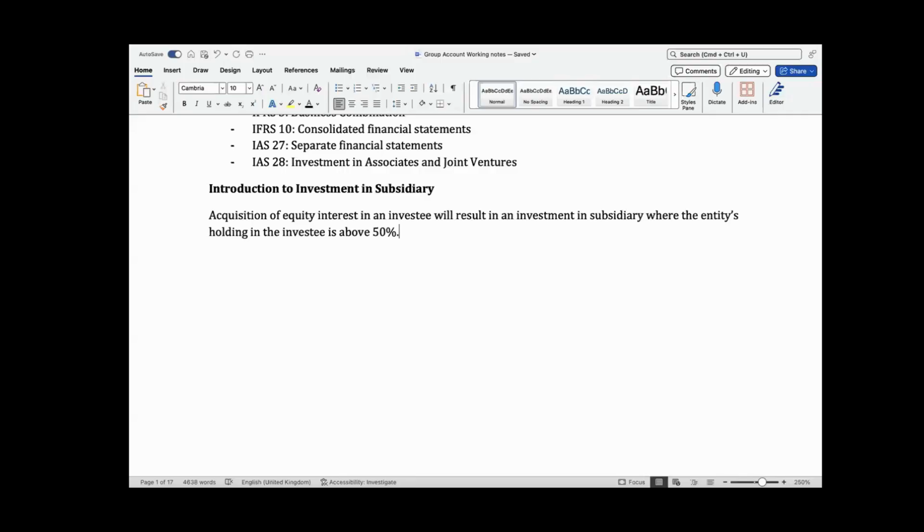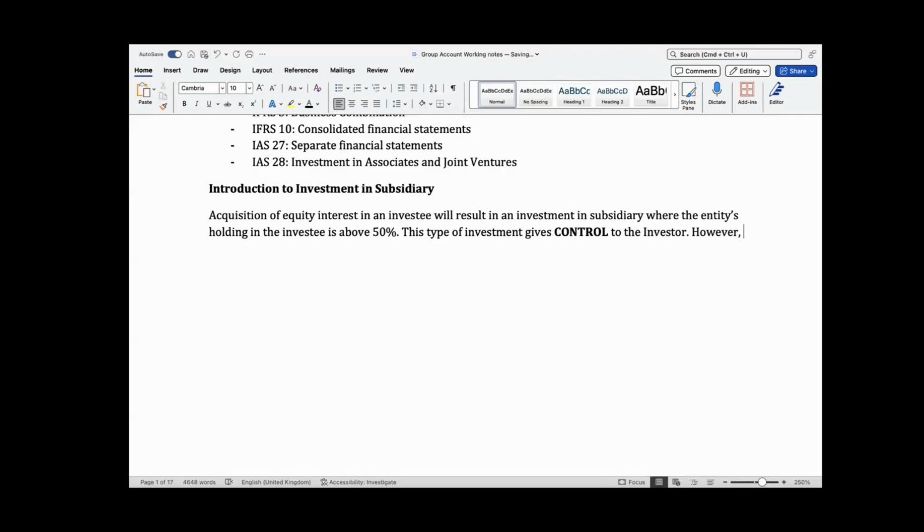So when your holding in the investee is above 50%, you call that investment an investment in subsidiary. And very importantly, this type of investment gives control to the investor.